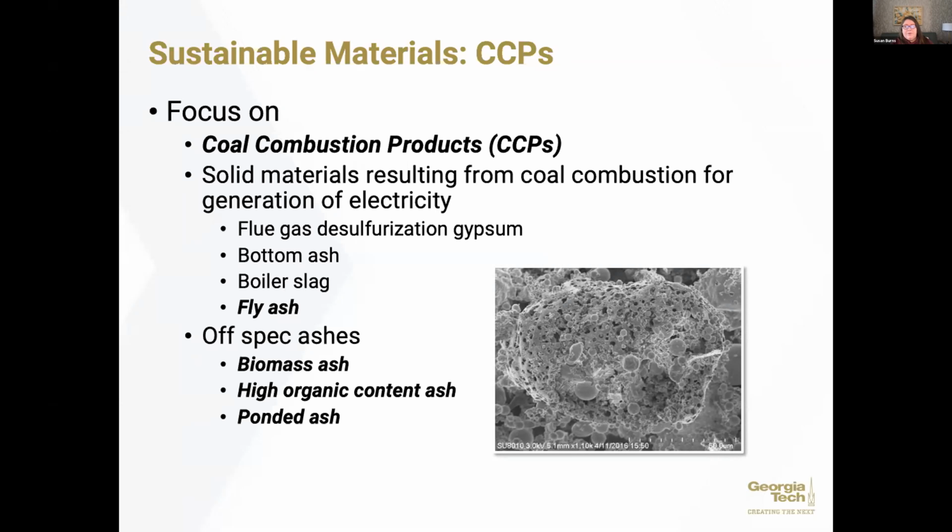These coal combustion products you'll see frequently referred to in practice include a wide range of materials which have very different properties: flue gas desulfurization gypsum, for example, bottom ash, boiler slags. I'll talk a little bit in just a minute about what those applications are. But primarily what I want to focus on today is fly ash.